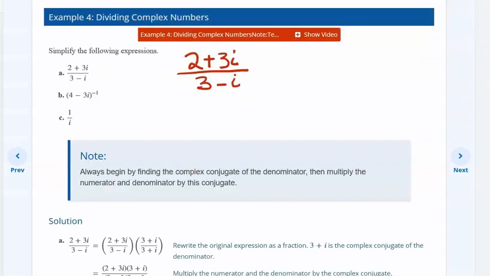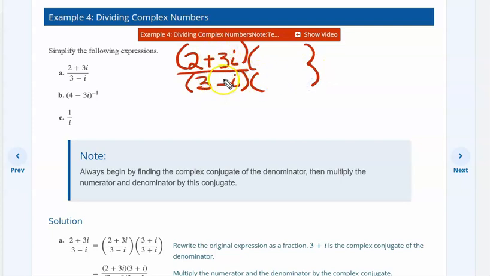And if you're keeping numbers, this is example 4a. There's our fraction. It's not in simplified form because we have an imaginary number in the denominator. So to get rid of that, the protocol is we can multiply anything by 1.